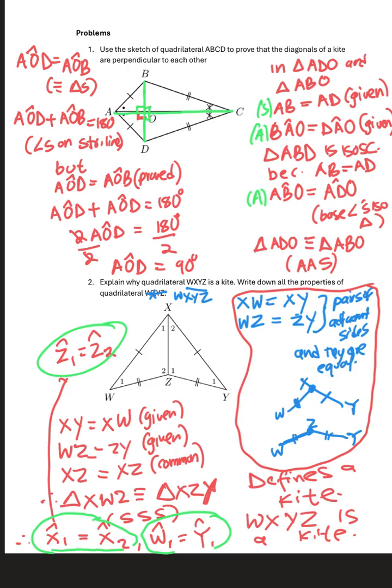The shape is a kite, and it has the following properties: angle Z1 is equal to angle Z2, angle X1 is equal to angle X2, and angle W1 is equal to angle Y1, and the pairs of adjacent sides are also equal. So this is how we show that the shape is a kite and it has its own properties, right?